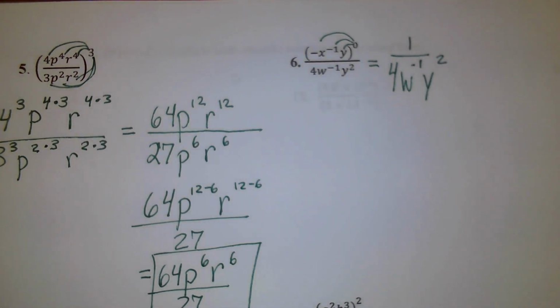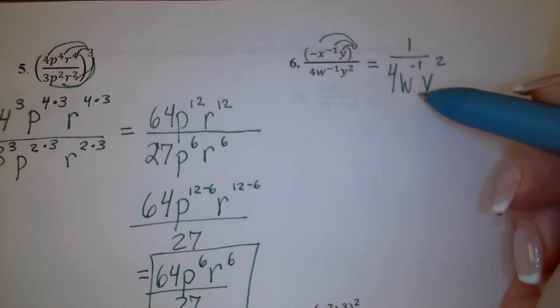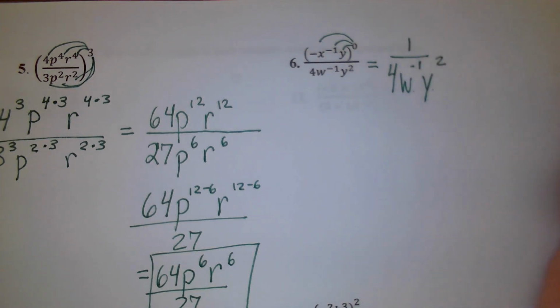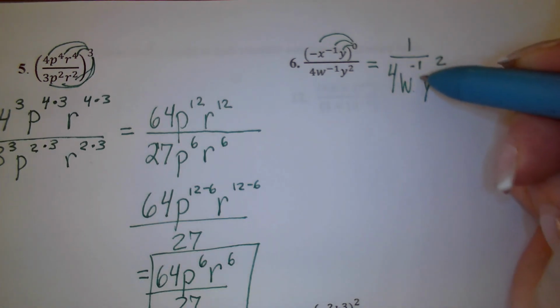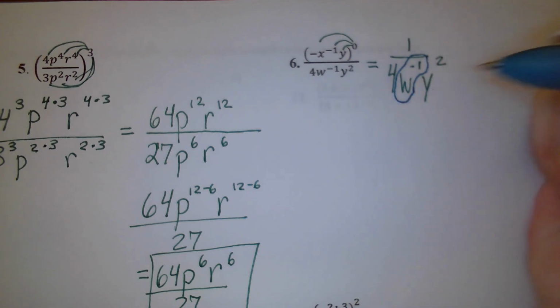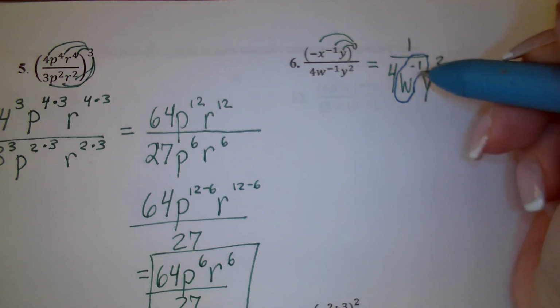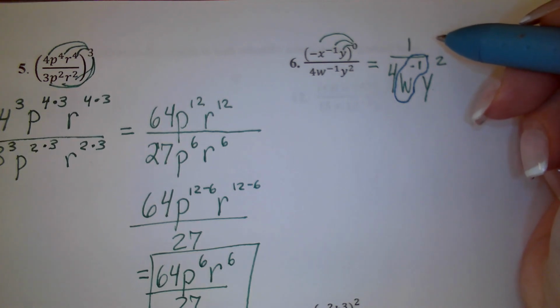Now, I'm not simplified though, because even though I don't have any more matching bases and no fraction to simplify, I do have a negative exponent. So we've learned when there's a negative exponent, to cancel it out, we need to move that base and exponent to the other side of our division problem.